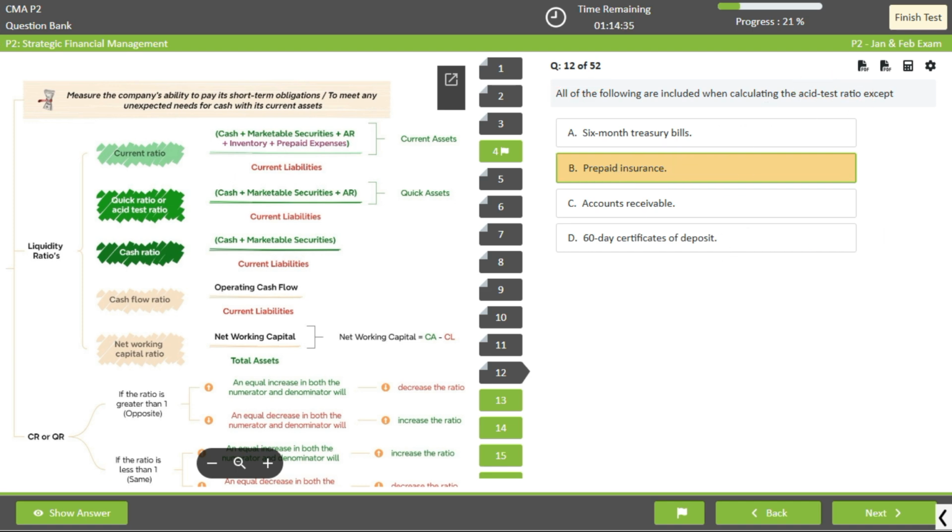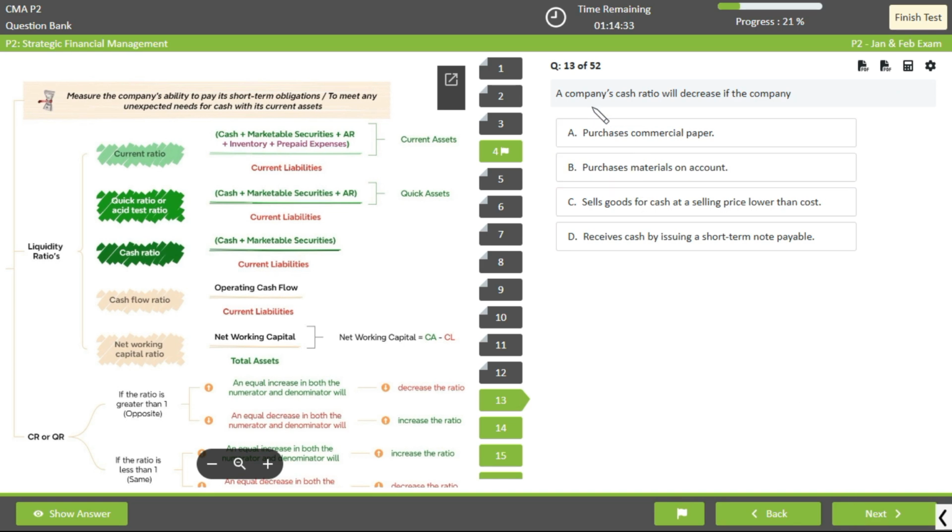Next, the company's cash ratio will decrease if the company purchases. So let us now understand what is going to happen. This is the effect of transaction. So here the best way is that you have to write the journals. So option A. What is option A?